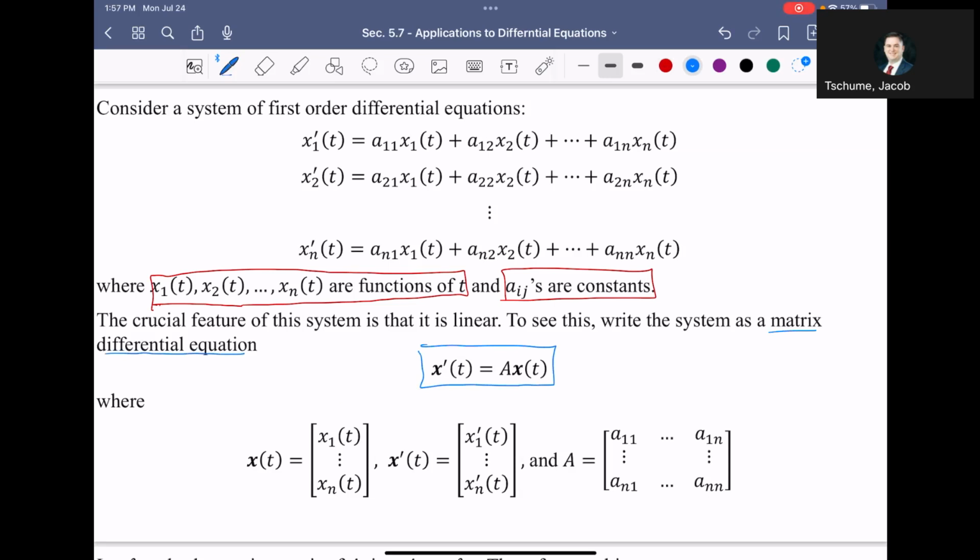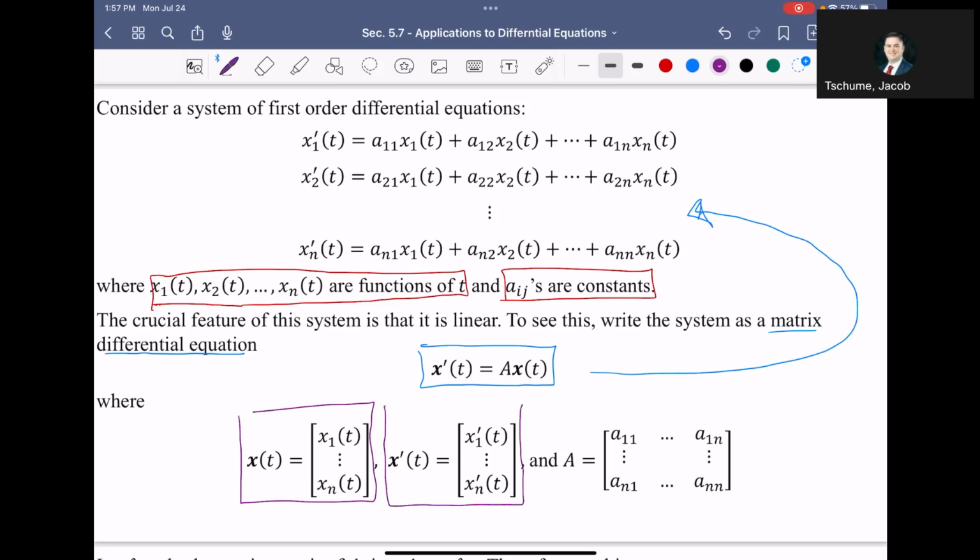We can see that this is equivalent to all these equations at the same time if we notice that the following three things hold. Let the vector x of t be all of your functions put as a vector. Let x prime be the derivative of all those functions inside your vector.